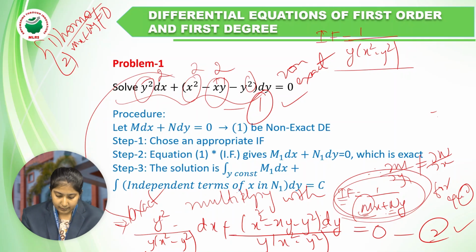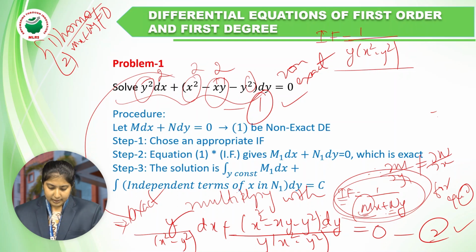So what will the equation be here? Directly I'll write it here itself. The equation will be y by x square minus y square into dx, plus x square minus xy minus y square by y into x square minus y square into dy equal to 0.